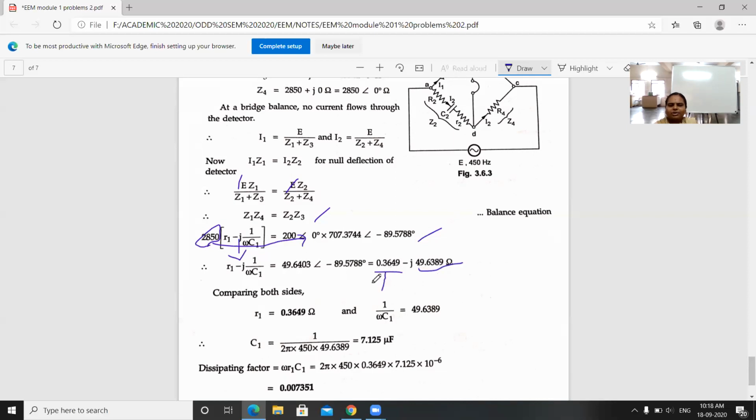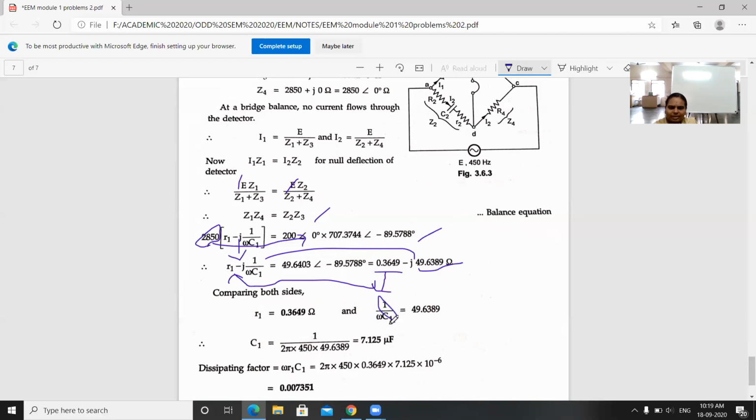Equating the real part to the real one, R1 is going to be taken as 0.3649. Then here is also minus and here also minus. So if I equate the imaginary parts, then I will be getting 1 divided by omega C1 is equal to 49.6389. Then what we want?